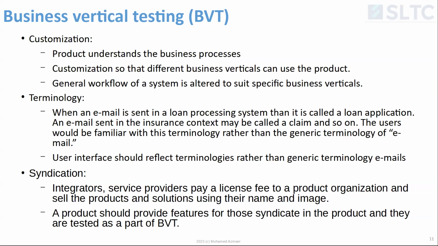So they should be able to take our product, plug something in from somewhere, and then make a complete product and sell it to a client. That is called syndication. So these are some of the testing that we need to do, if we are supporting these things. If we are supporting these things, we need to test these things, and this is called the BVT.